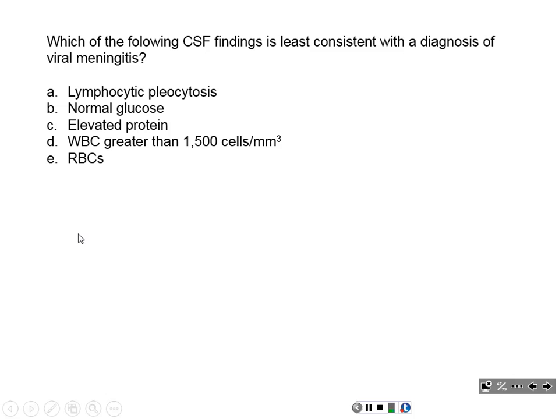Bacteria is going to be neutrophils. Normal glucose, maybe a little decreased glucose, both of those are totally normal. Same with protein. Normal protein, maybe mildly elevated protein, totally normal. And the red blood cells are actually going to be your biggest indicator that this might be herpes. And so definitely a viral meningitis there.